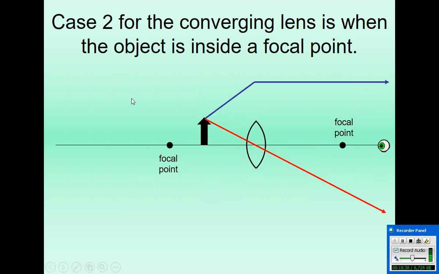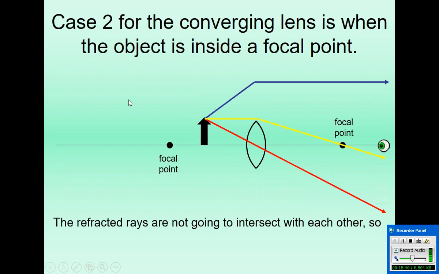The third and final ray is going to start off parallel to the baseline. When it reaches the midline of the lens, it's going to refract and pass through the focal point on the other side.